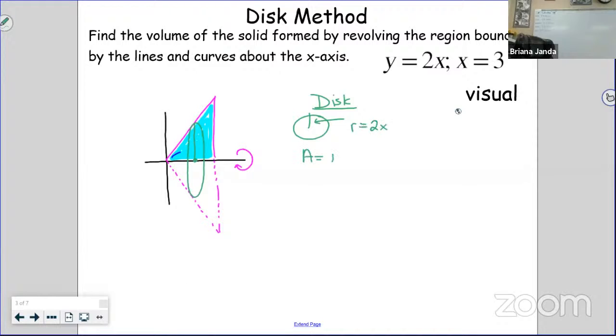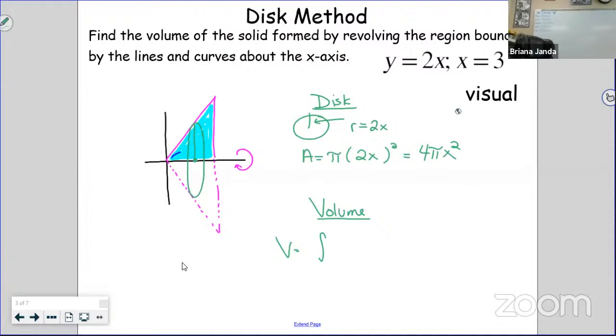Making the area of this pi times our radius squared, radius being 2x, or 4 pi x squared. Now that I know the area of one disk, I can go to my volume. We are stacking these disks along our x-axis.